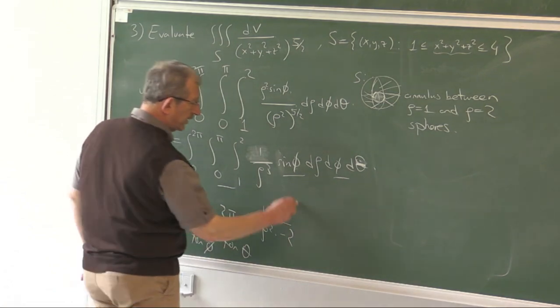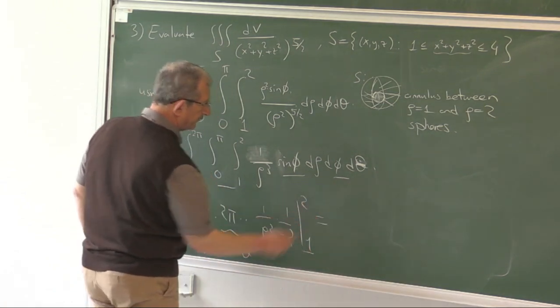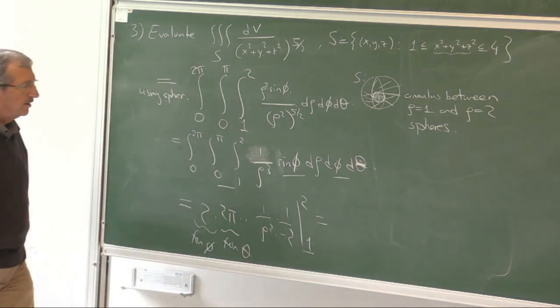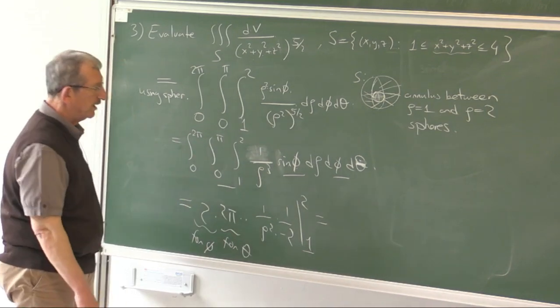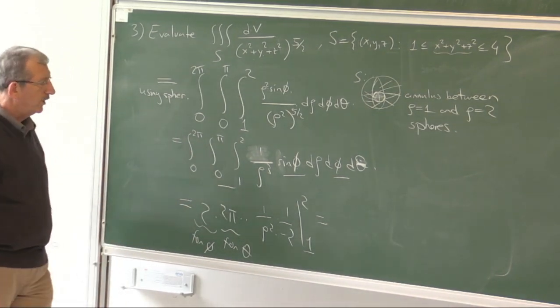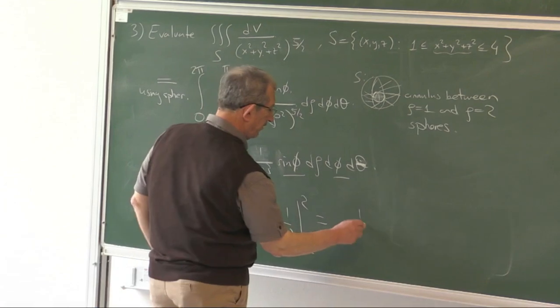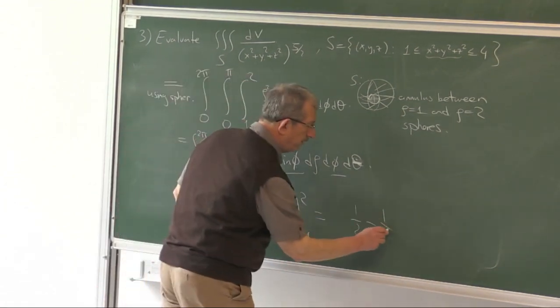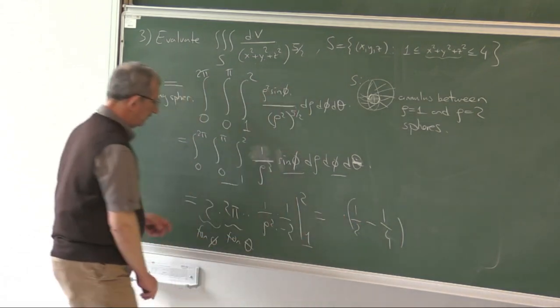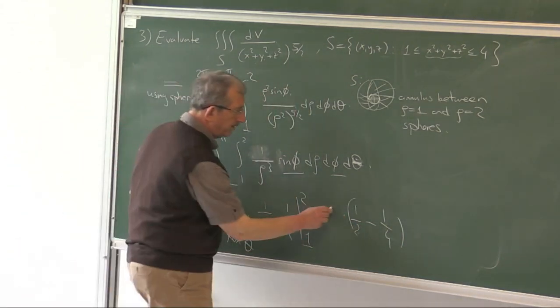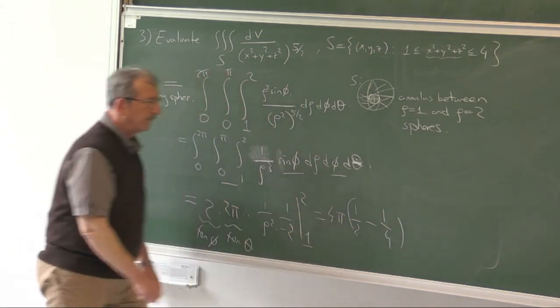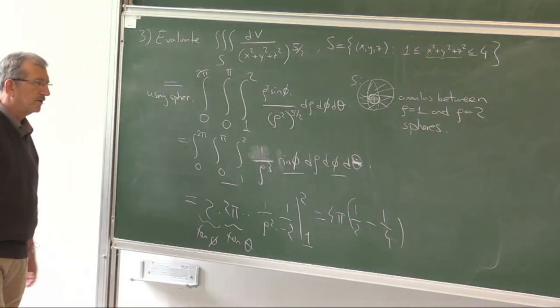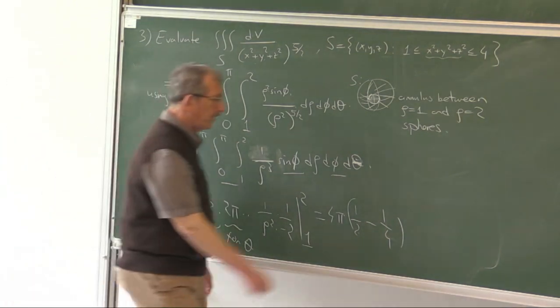And this changes from 1 to 2. Because of the minus sign, of course, it means that you put 1 first. So you have 1/2 minus 1 over 4. And you multiply this with 4 pi. So that is equal to pi.